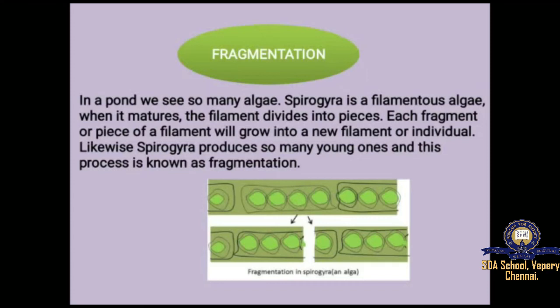Each fragment or piece of a filament will grow into a new filament or individual alga. Likewise, Spirogyra produces so many young ones, and this process is known as fragmentation.